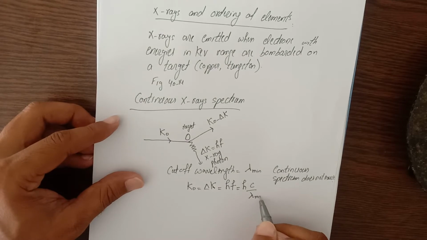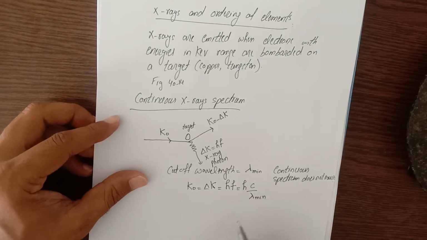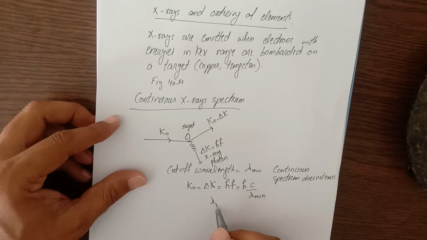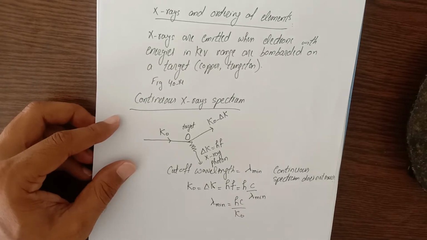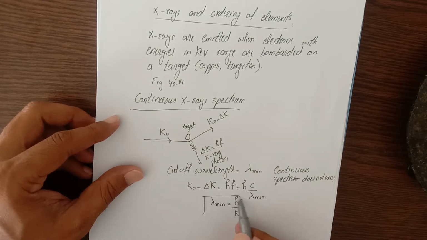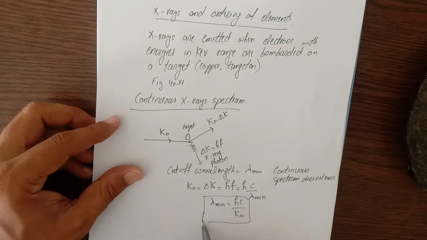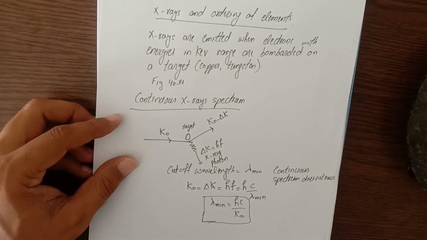Since we are talking about a minimum wavelength, this would be lambda minimum, and we can find it using the relation lambda minimum equals hc by K naught. This is the cutoff wavelength below which the continuous spectrum does not exist.